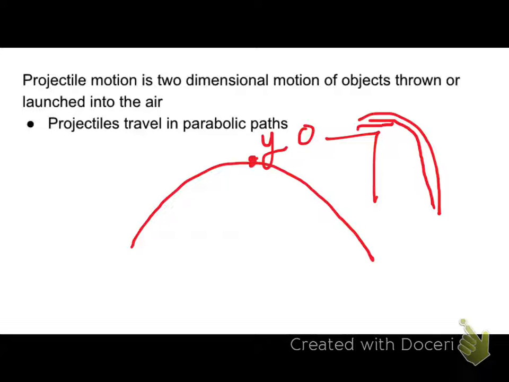Because remember from when we talked about free fall, when an object reaches the peak of its motion, it temporarily stops moving. So for this one, its y velocity would be 0. Now it's obviously still moving because it has an x value going in this direction.